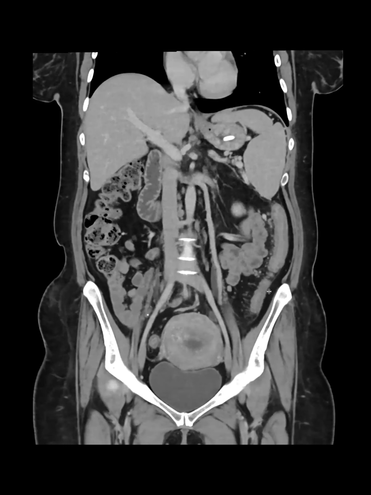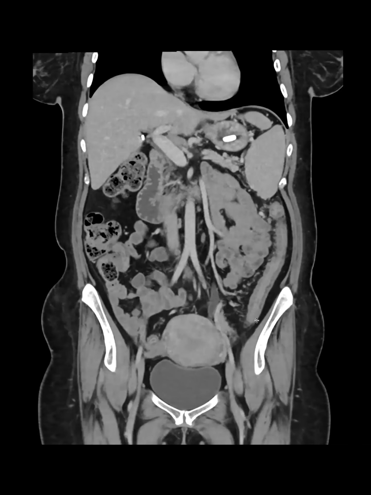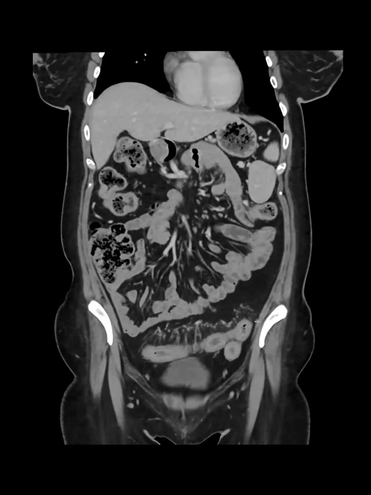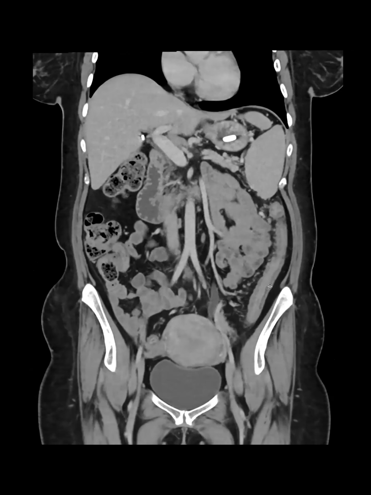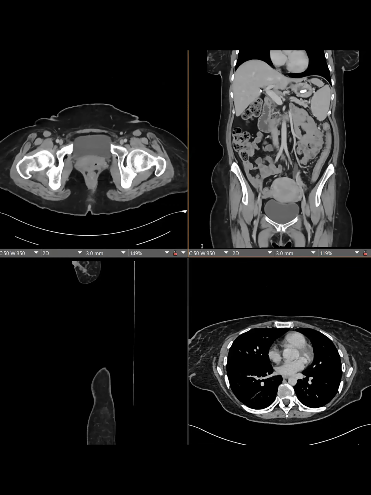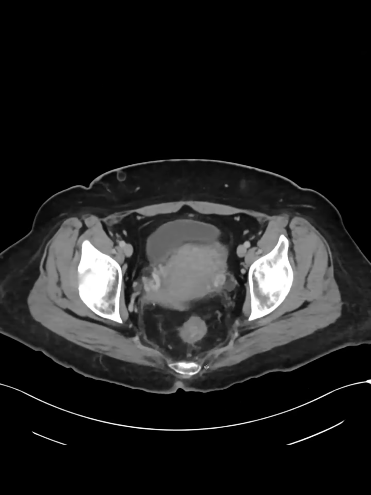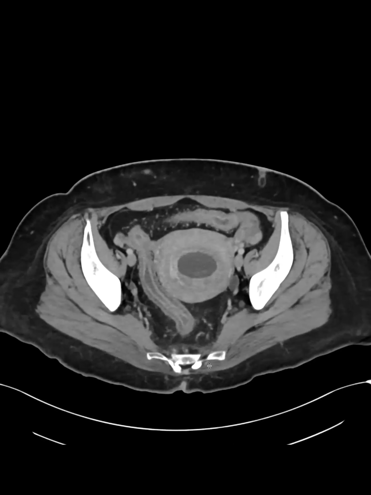There's diffuse colon wall thickening of the descending colon, sigmoid and rectum. That's probably related to the patient's colitis. The question is about the uterine findings.